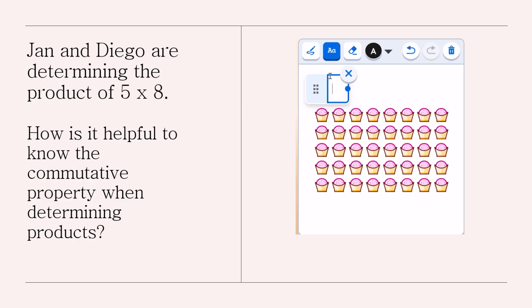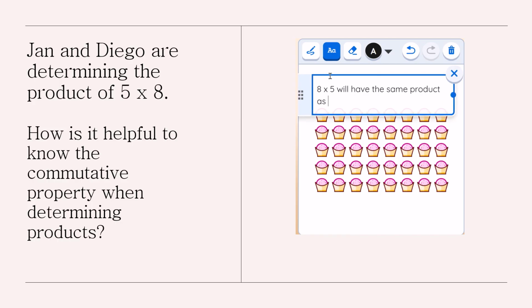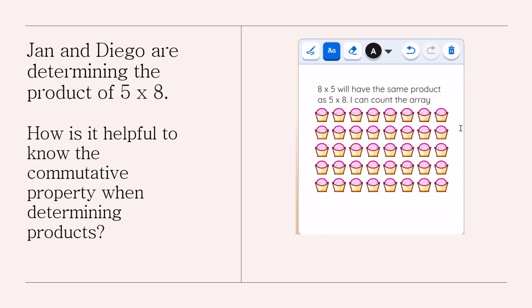Hopefully they're going to count the array and understand that an array of 8 times 5 will have the same product as 5 times 8, and that they can count the array to get the product of 5 times 8.